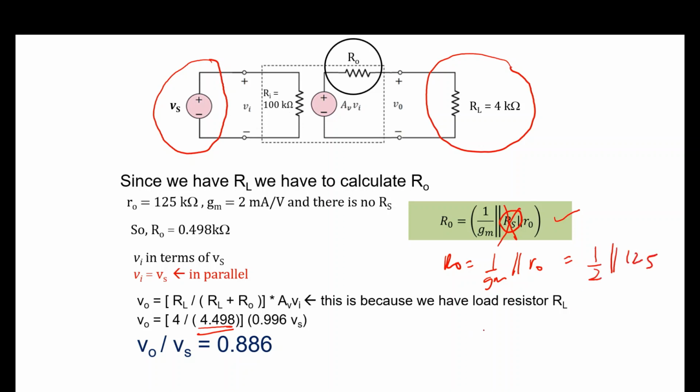So what I have is 0.5 times 125 over 125.5, which means that I will get 0.498 kilo ohm. That's how I get RL plus R0 equivalent to 4.498 kilo ohm, so you get the voltage gain 0.886.